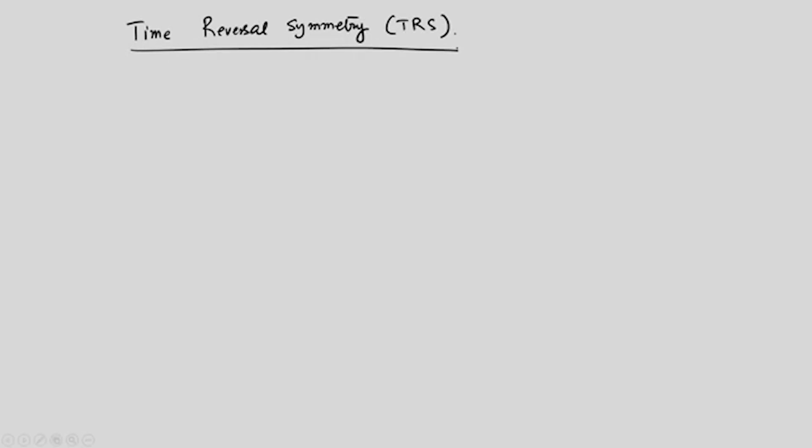I will not go into details of how the form of the symmetry operator comes, but I'll just tell you that this is the symmetry operator and try to justify the behavior of the Hamiltonian under it.